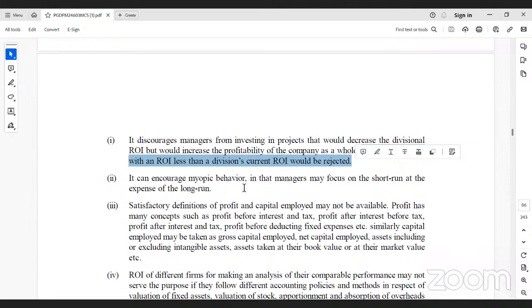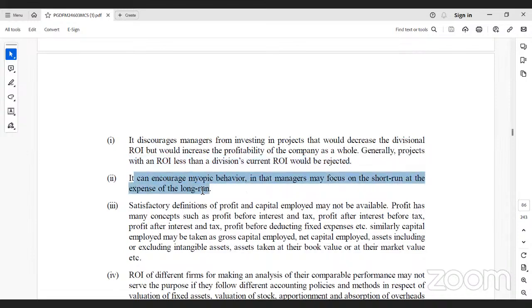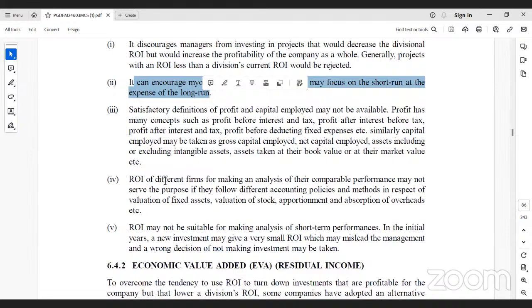It encourages myopic behavior, where the manager may focus on the short term at the expense of the long term. So we can't say based on that that ROI is not better. Sometimes the ROI is lower, but in the long term it gives more results. Also, a satisfactory definition of profit and capital employed may not be available.